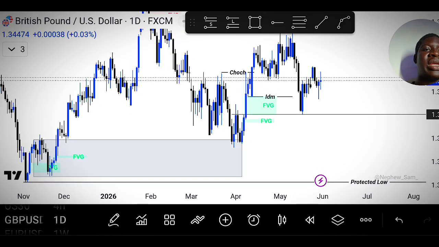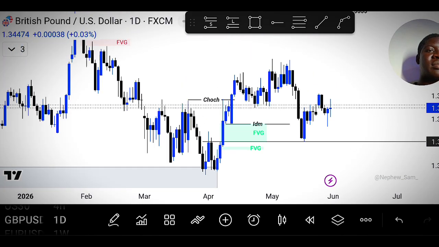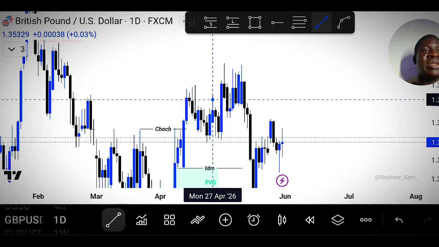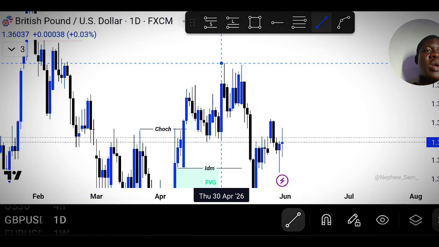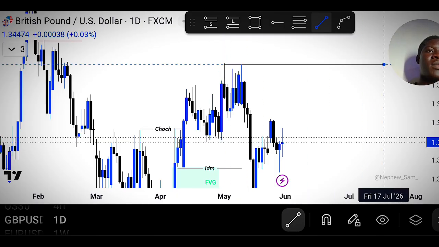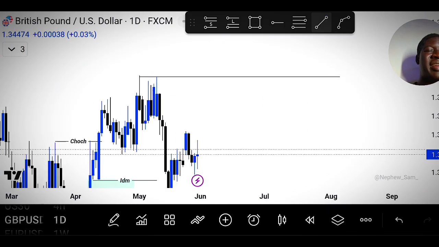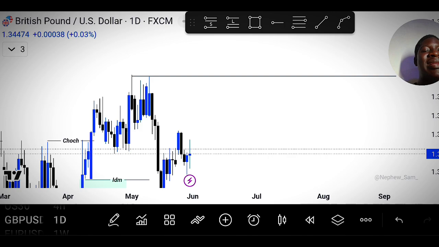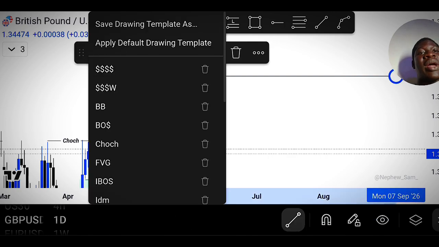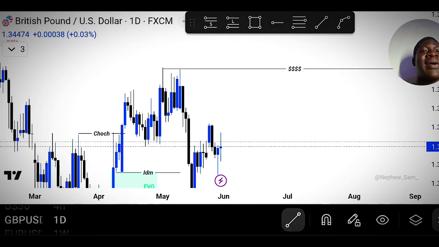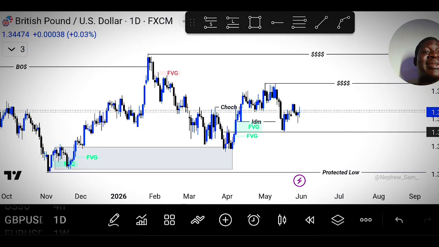And here again is our internal buy side liquidity, because we are analyzing the internal range now.